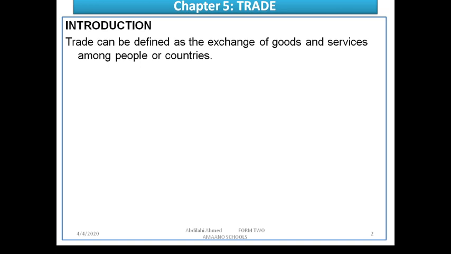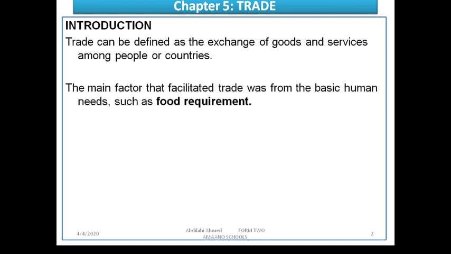For example, when you sell an item to someone else, that is trade. When you buy an item from someone else, that is trade. So goods and services, both of them are involved in trade.